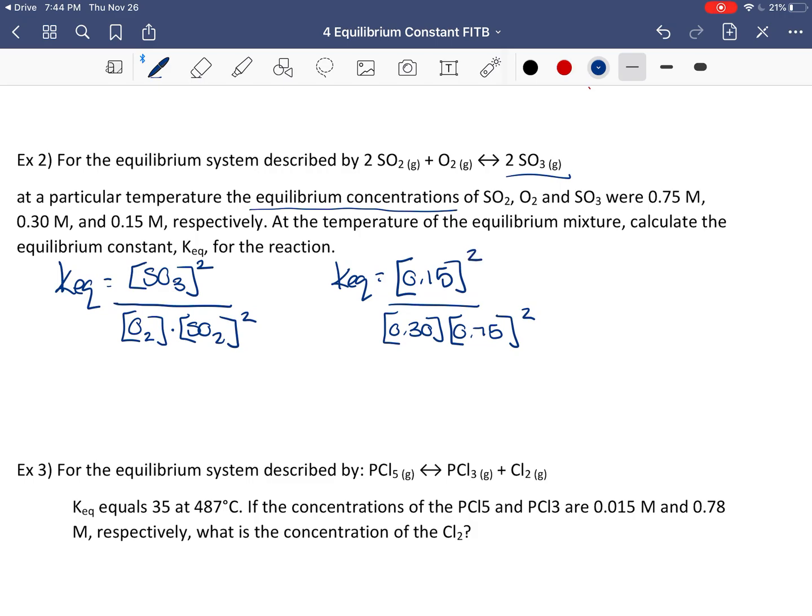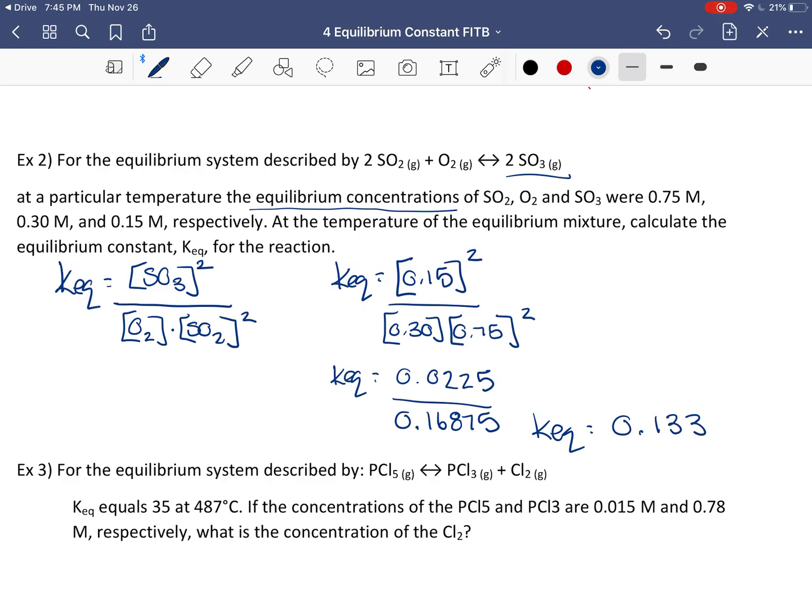So type that into your calculator. 0.15 squared is 0.0225 over 0.3 times 0.75 squared. So that's 0.16875. 0.0225 divided by that gives us a KEQ equal to 0.133.